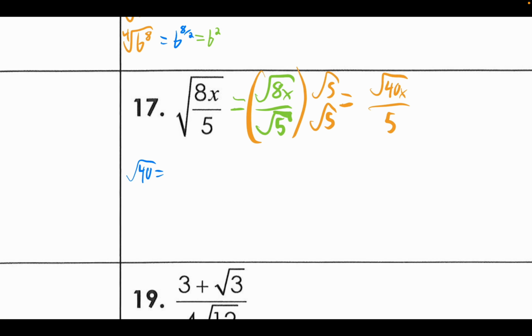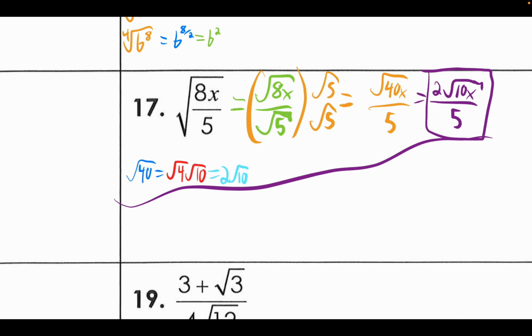Well, what does that simplify into? That's the square root of 4 and the square root of 10, which is really just 2 times the square root of 10. So that's 2 square root 10x. Make sure we have the x in there, over 5. The regular numbers 2 and 5 don't reduce, so we're done.